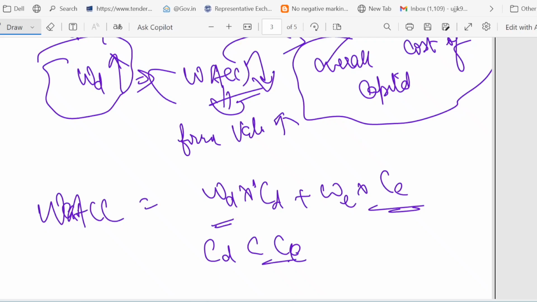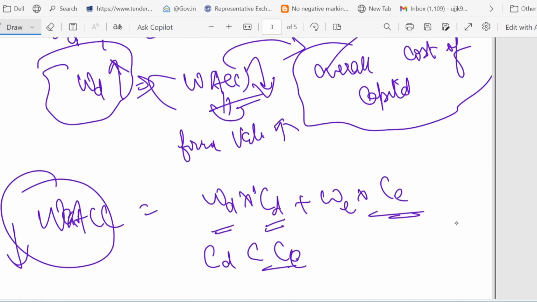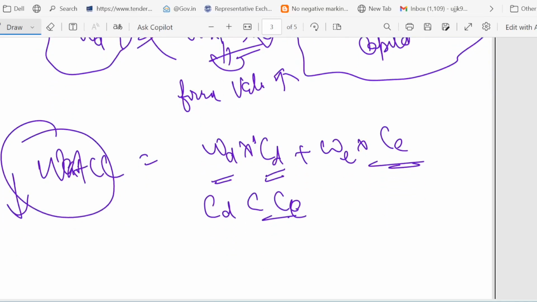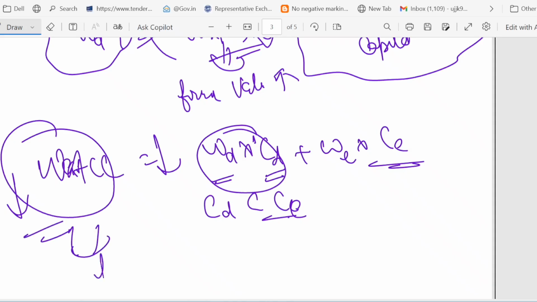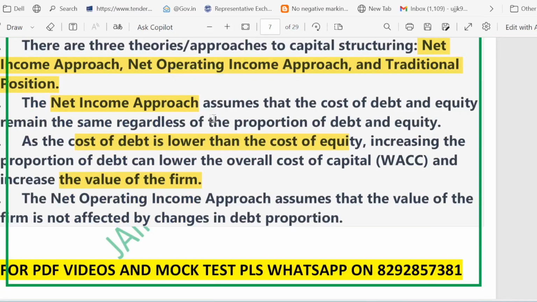So what will happen? Since CD is less, I want this to reduce. So if WD is more, this overall will be less, and since this is less, firm value will increase. That is the point. That is what the NI approach tells you. NI means net income approach, right?